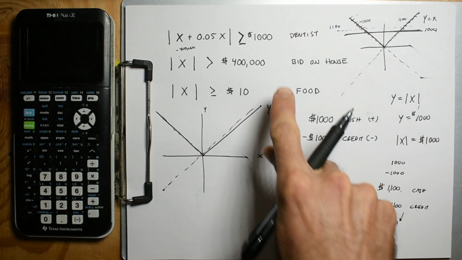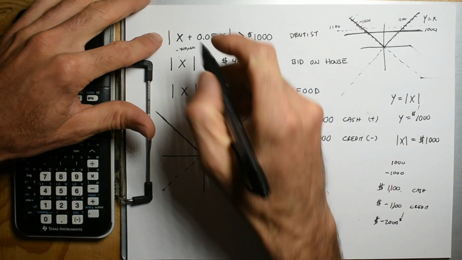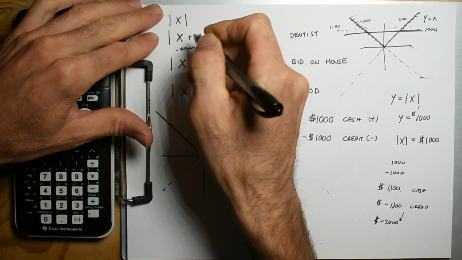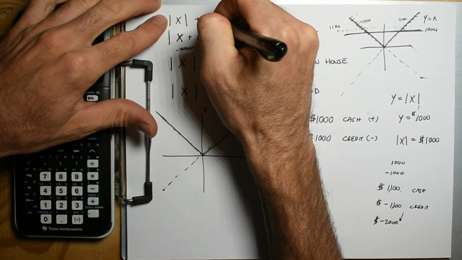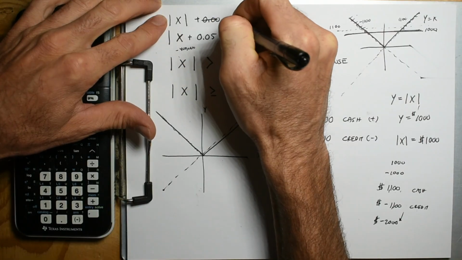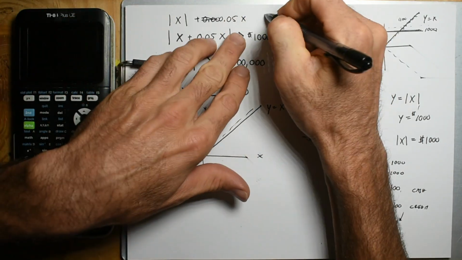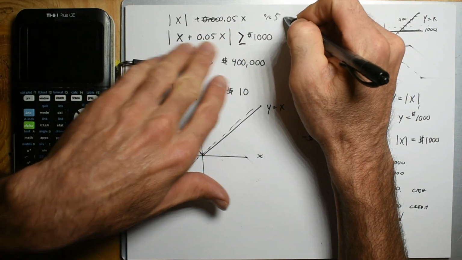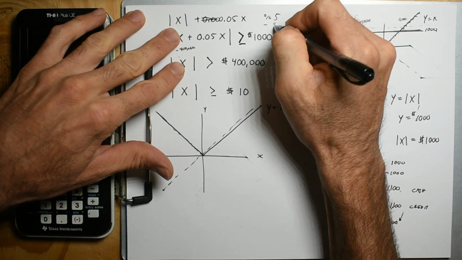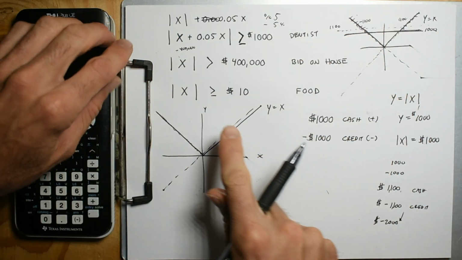All right, we're going to move on to the next example, but be thinking about this one, because I think I need to do x inside the absolute value, and then outside it plus 0.05x. I'm either adding 5% to the bill or subtracting 5% from the bill.